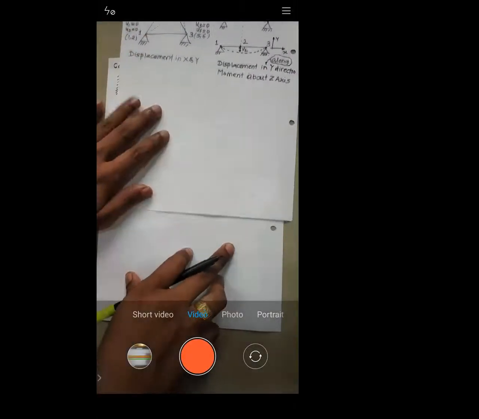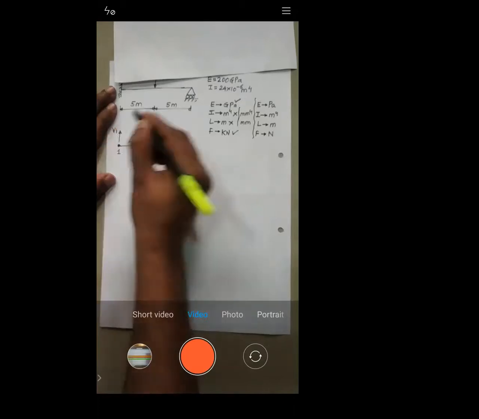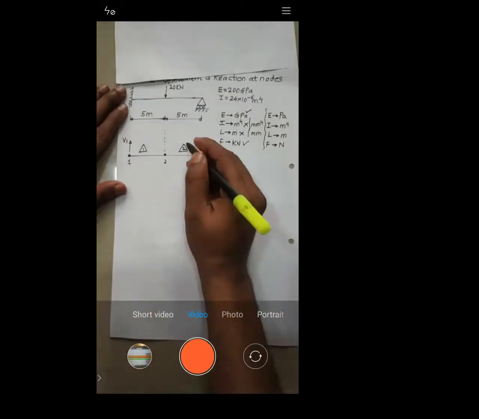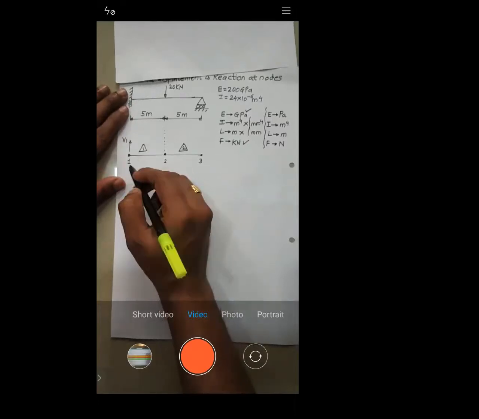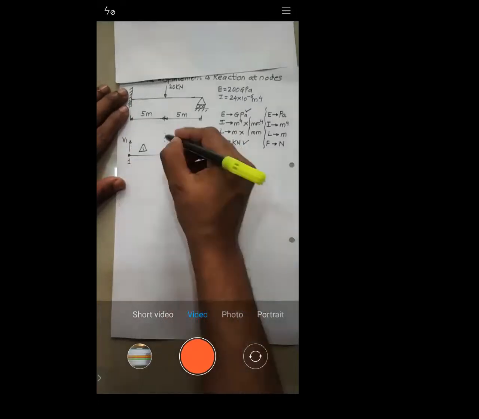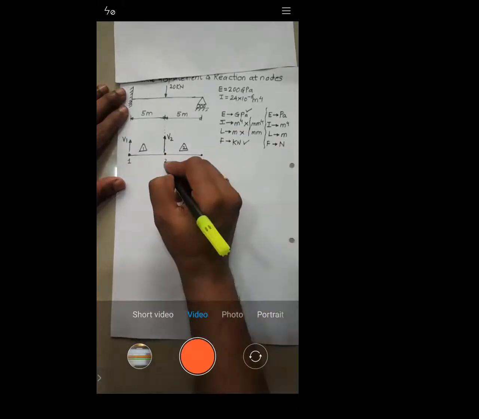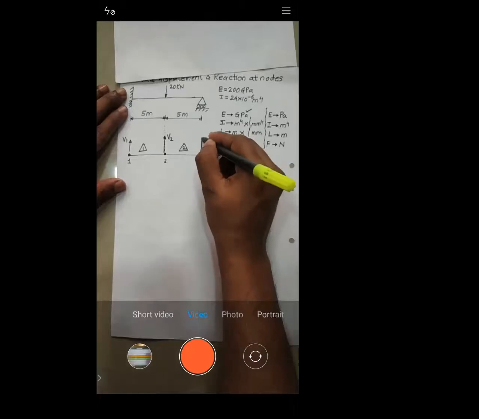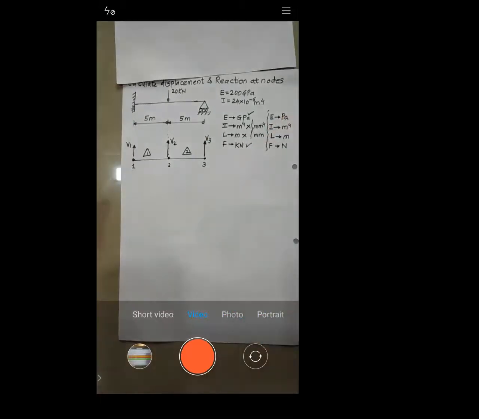Let v1 be the displacement at node 1 in y direction. Similarly, let v2 be the displacement at node 2 in y direction. Similarly, let v3 be the displacement at node 3 in y direction. Is it okay? v1, v2, v3 are displacements at node 1, node 2, and node 3 in y direction.